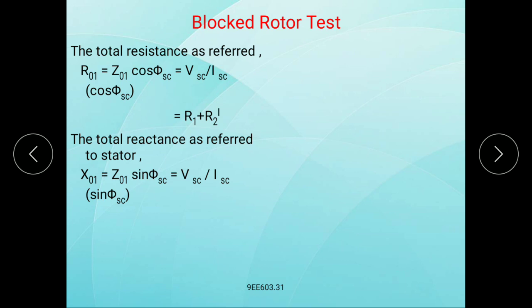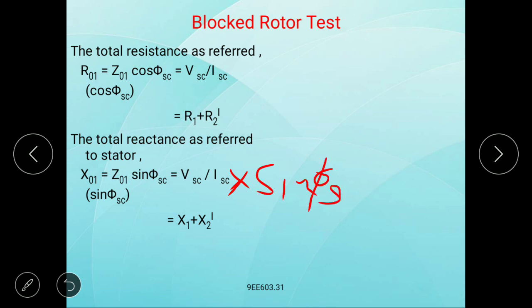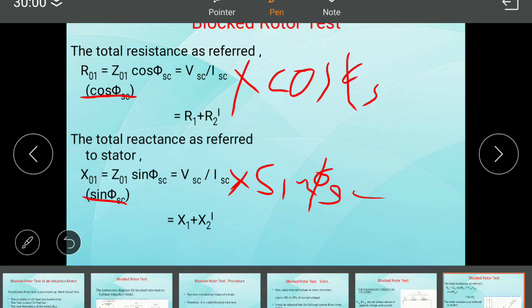Now X01 is equal to Z01 sin phi SC, that is equal to VSC by ISC into sin phi SC. X1 plus X2 dash is the total reactance, and here this is sin phi SC and here cos phi SC.